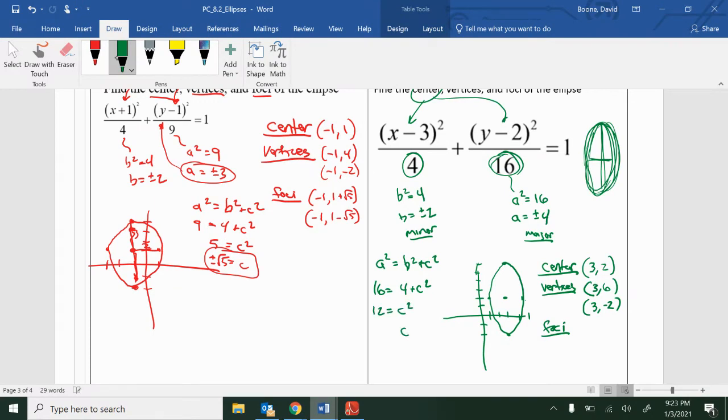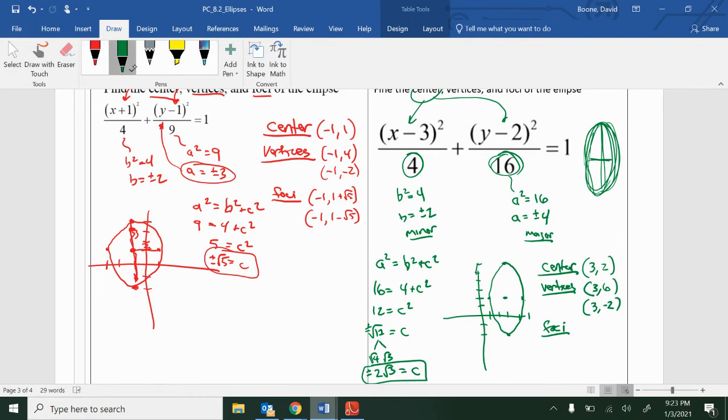And square root both sides. So this would be the square root of 12. But again, just to review, that's square root of 4 times the square root of 3, which would be 2 root 3 if we simplify. Again, it would be plus or minus for our C value right there. So that's what I'm going to take from this point. I'm going to add 2 root 3 and subtract 2 root 3 to get those foci.